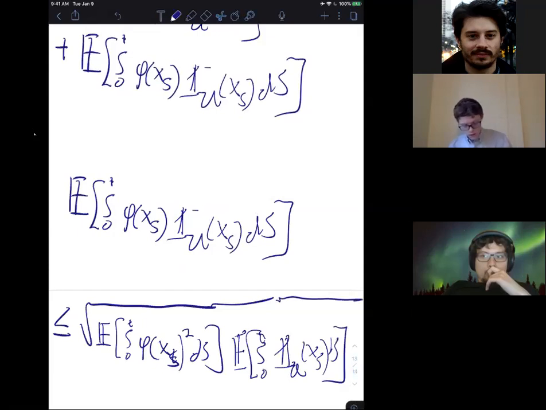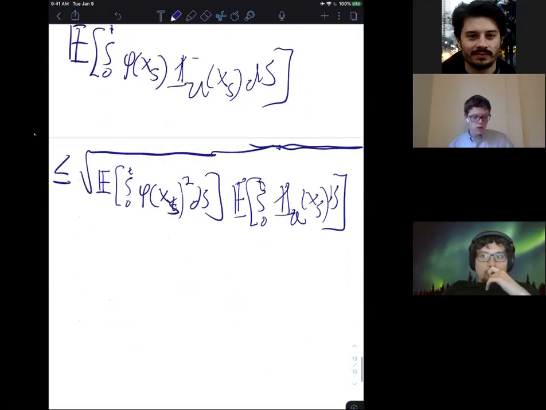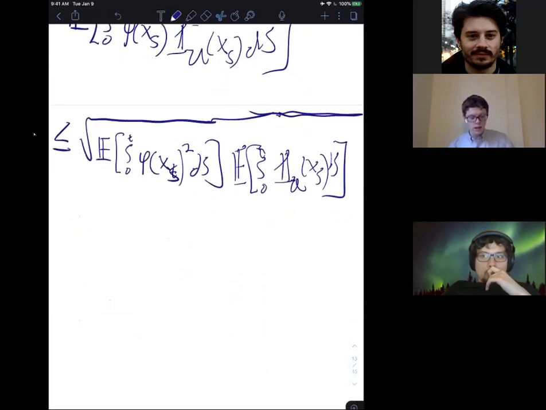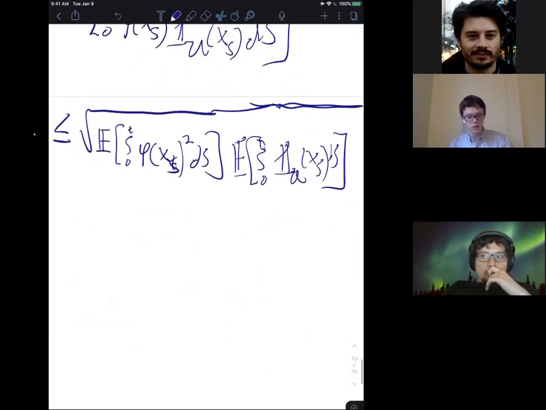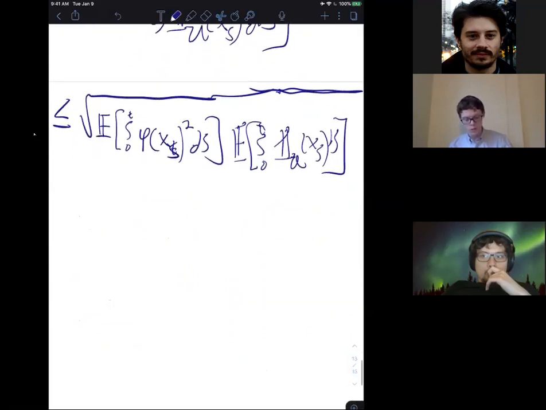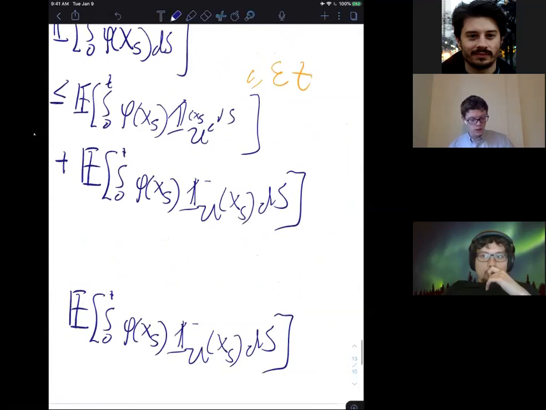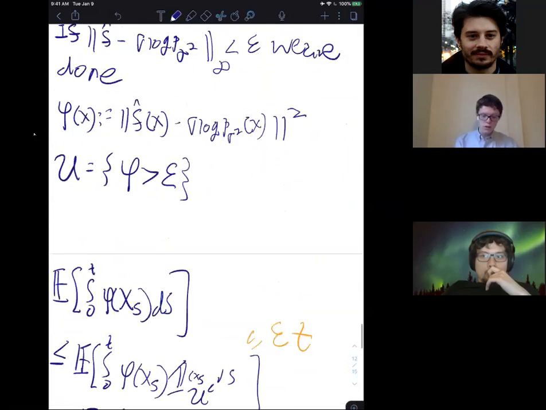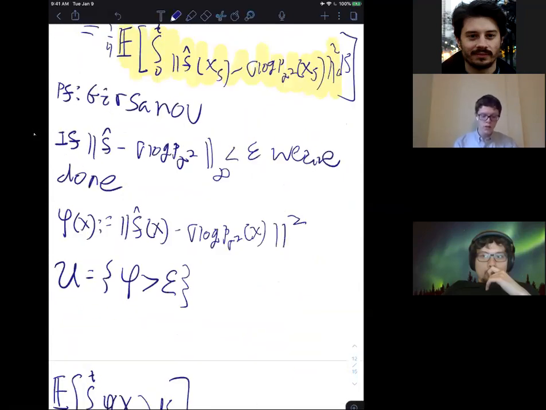So let's track each of these factors, and stop me if this is getting a little confusing, because I know that we're going through lots of terms here. Now this first factor here, we can bound, and the reason is that we assume that f hat is Lipschitz, and del log p_sigma squared is also Lipschitz, so we can contain the growth of phi with respect to x.